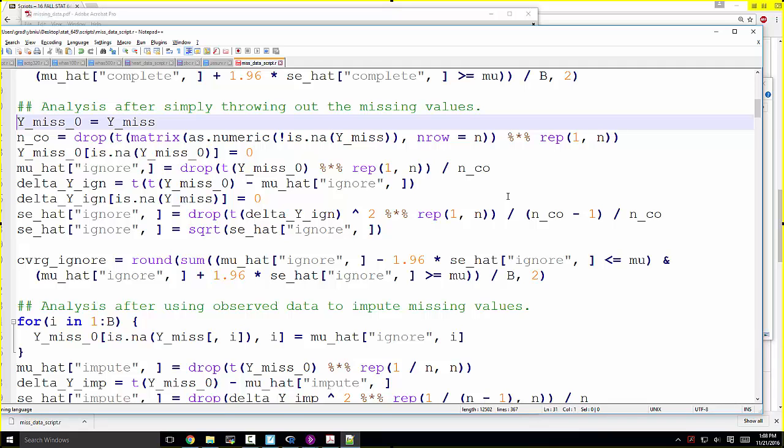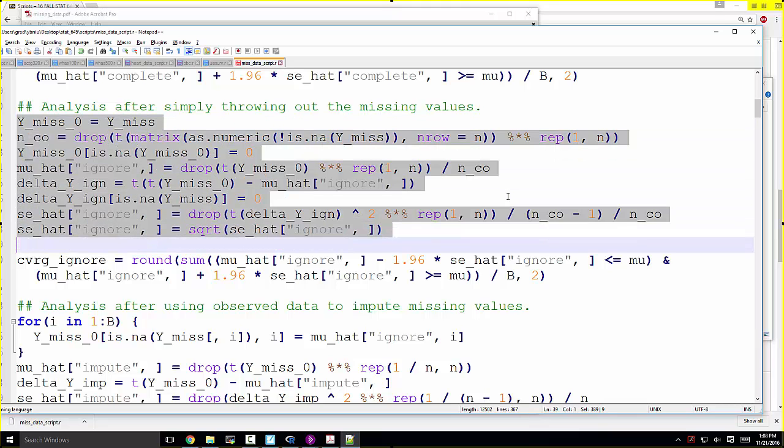In order to compute the standard deviation, we could just remove the missing values and compute it with the complete observations. So I'm going to keep this code. It's kind of ugly looking, but what it's doing is what I just described. So do sample average and standard deviation calculations, but only use the values that are not NA.